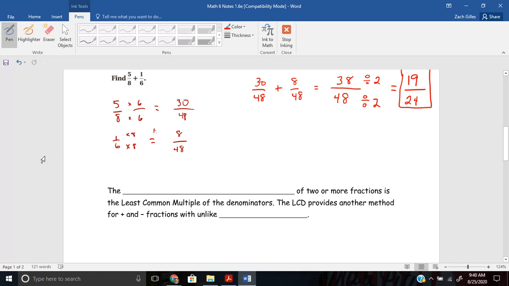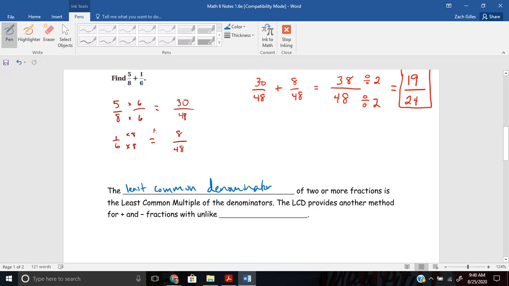So it says the least common denominator of 2 or more fractions is the least common multiple of the denominators.